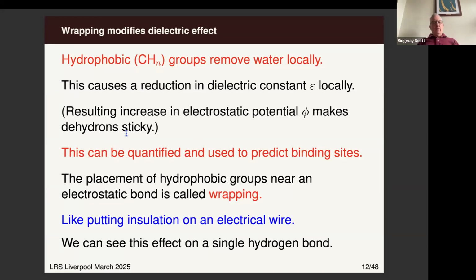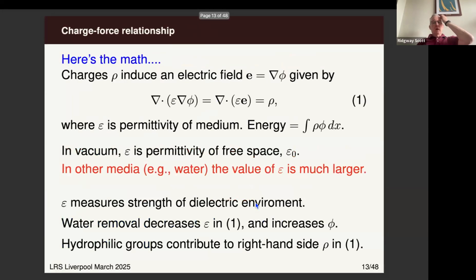I'll say a lot more about that. This can be quantified and used to predict binding sites, and I'll say a lot about that as well. We call the placement of hydrophobic groups near an electrostatic bond wrapping, just like you're wrapping an electrical wire that's not got any shielding on it. You can see this effect on a single hydrogen bond. We'll try to explain that eventually.